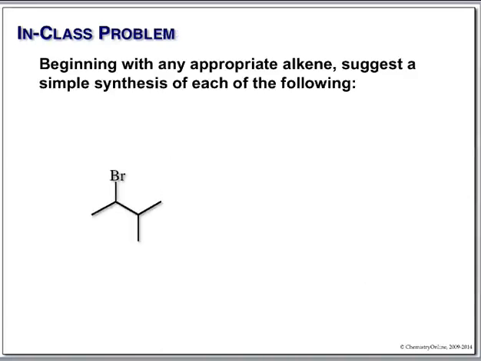We look at it and say, what kind of compound is it? Well, it's an alkyl bromide, isn't it? How many ways do we know to make alkyl bromides? We know 2 ways. Only 2. We can make a Markovnikov or an anti-Markovnikov alkyl bromide. Right?